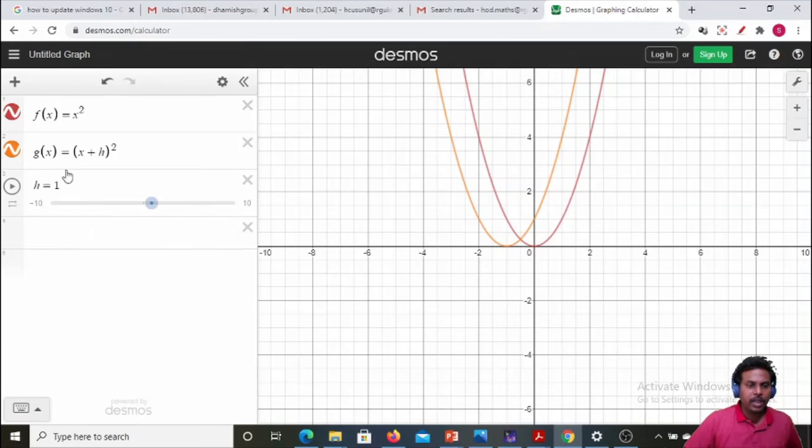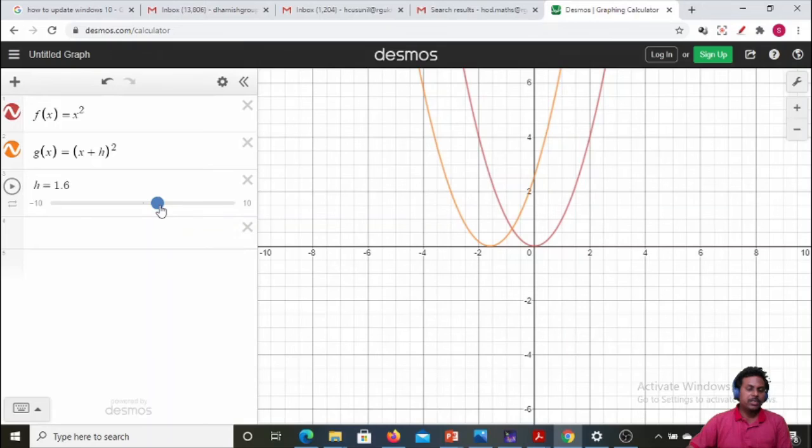So here the graph of g of x is in the orange color, and the h value I am varying. See, if I change the h values, what is going to happen? Let us see. Right now my h value is equal to 1. Now I'll increase it to 2, 2.1. Okay, 2 I have increased.